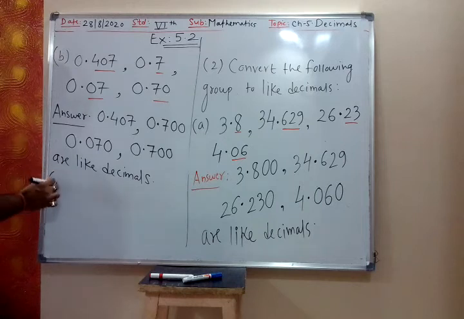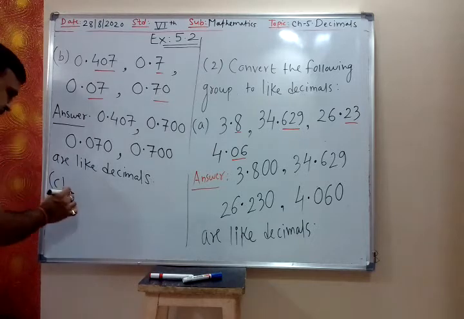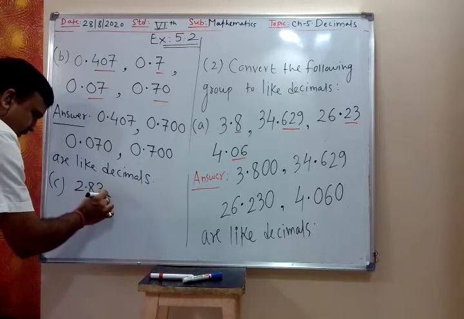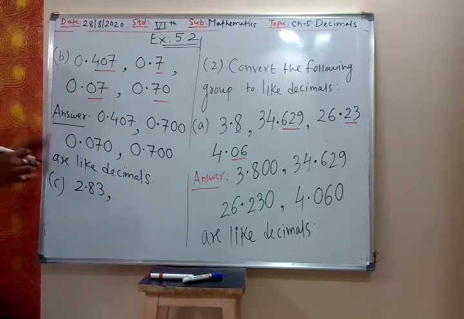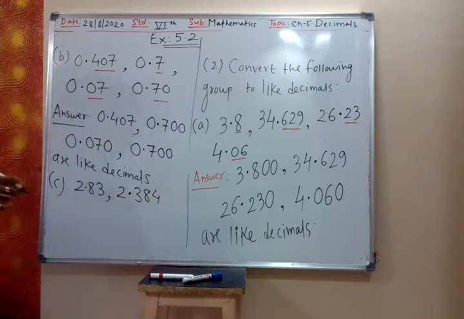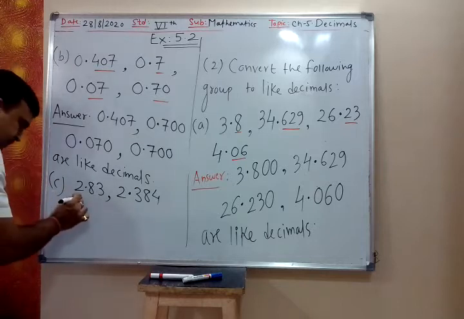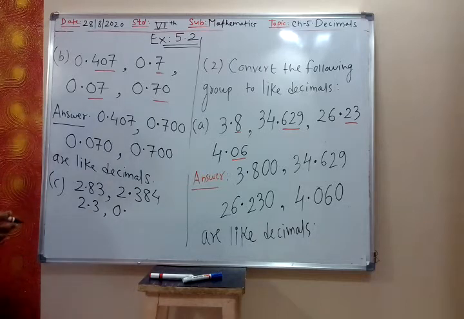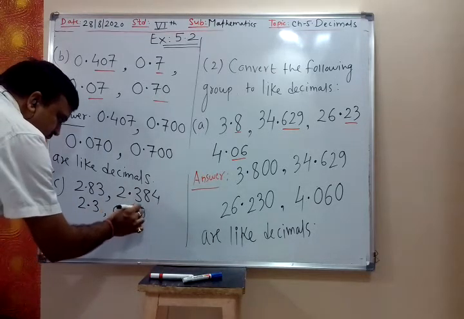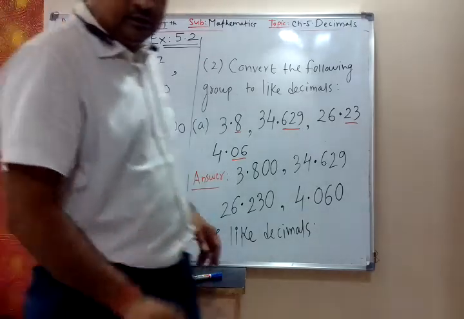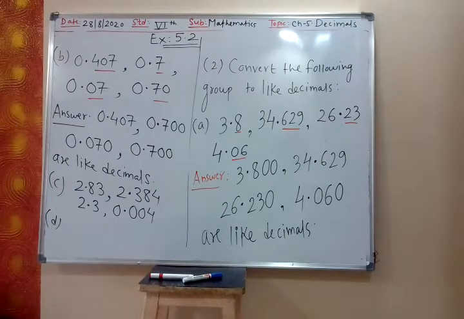Now see, question number C, 2.83, 2.384, 2.3 and 0.004. Now it is clear, right?